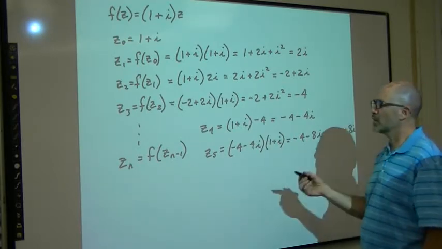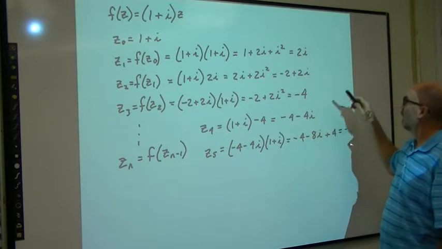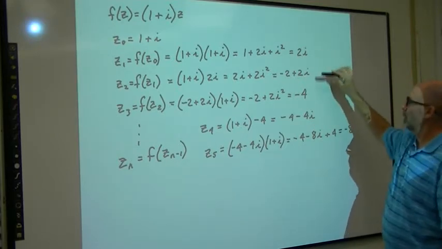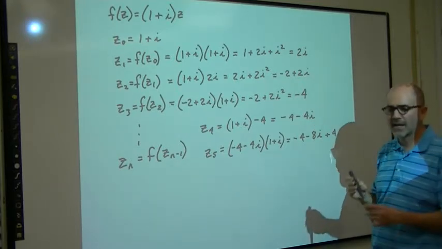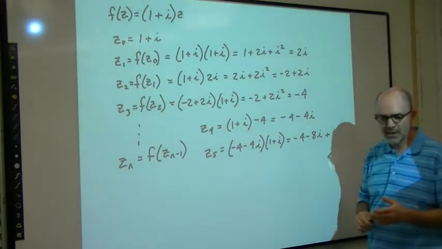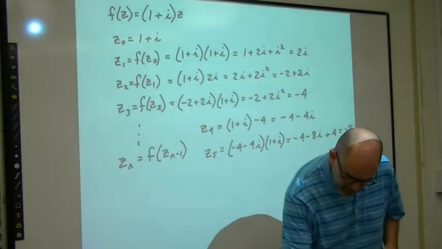Okay, so we could keep going, but you're going to end up seeing a pattern here that you could find out any z value.